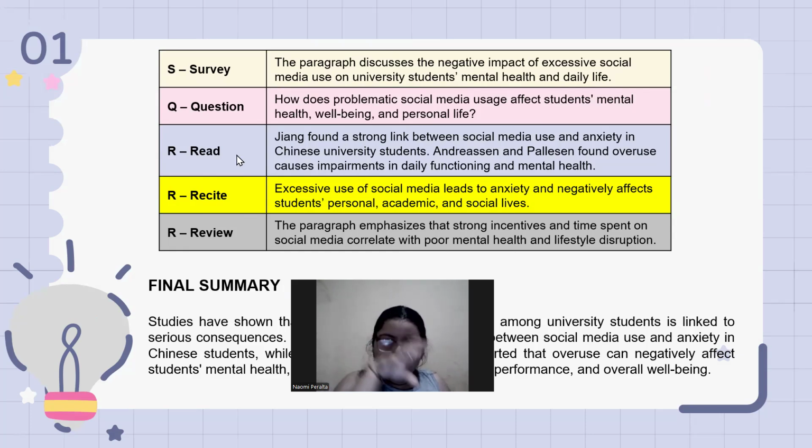Then we are going to read the whole paragraph and put a really short description of what we read. They found a strong link between social media use and anxiety in Chinese university students. Then recite. In this part, it's something that we learn in our memory.